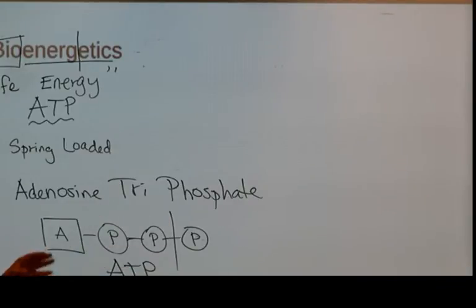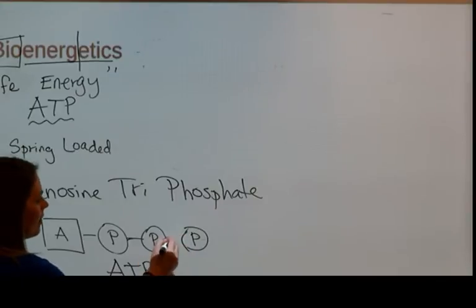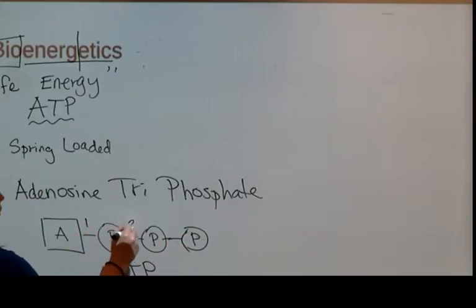Okay, so here's the thing, and another reason I drew this. I've seen sample questions before where they've drawn it without this part, like this, and they say, which bond would be broken when ATP goes to ADP? Do you know how many people put 1?